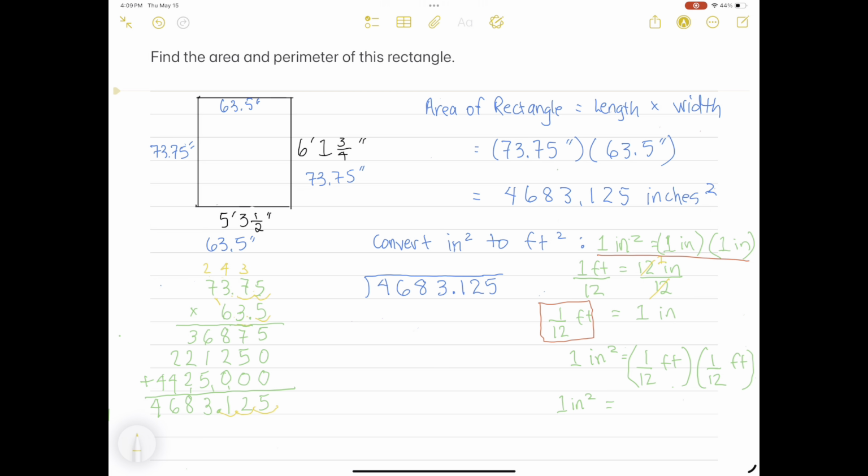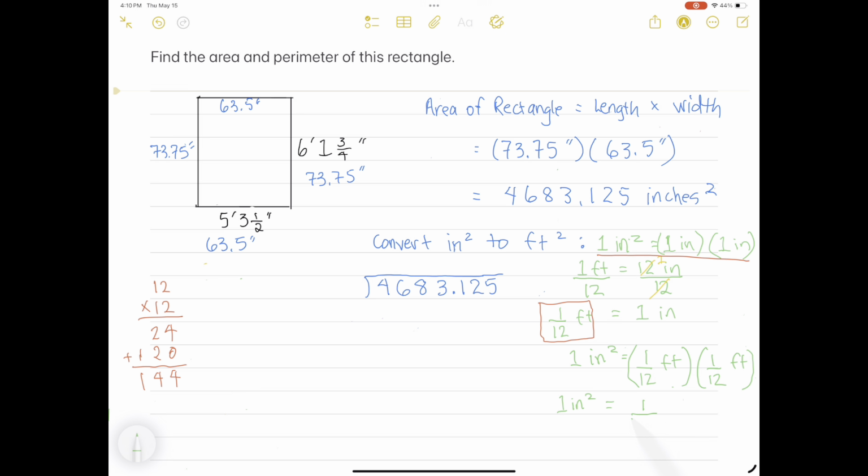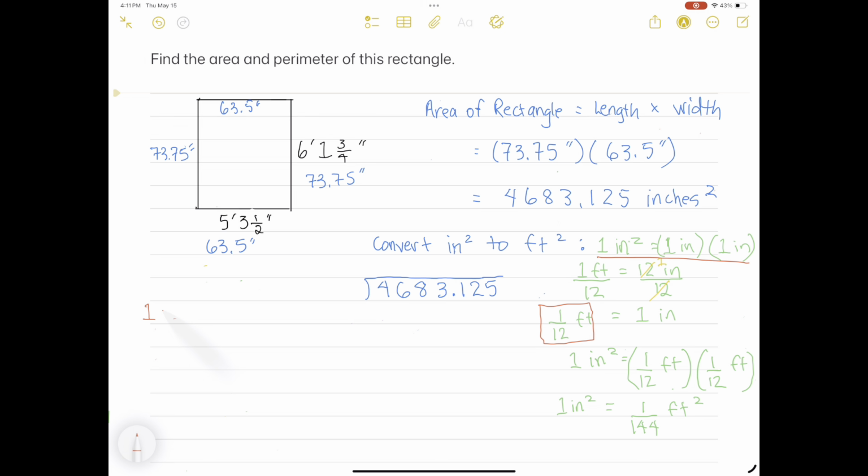The numerators would just be 1 times 1 equals 1, and the denominator would be 12 times 12. I do that calculation on the side. 12 times 12 equals 144. So 1 square inch equals 1 over 144 square feet.